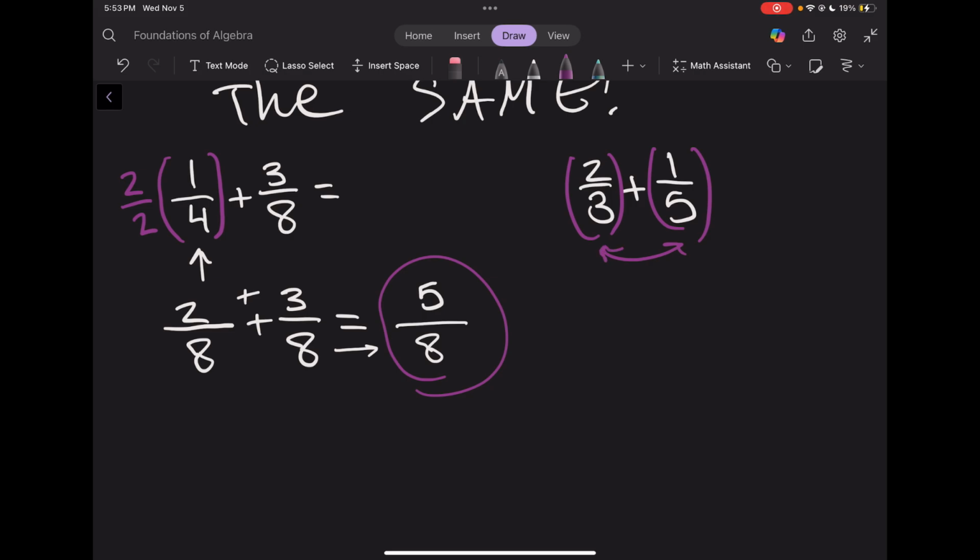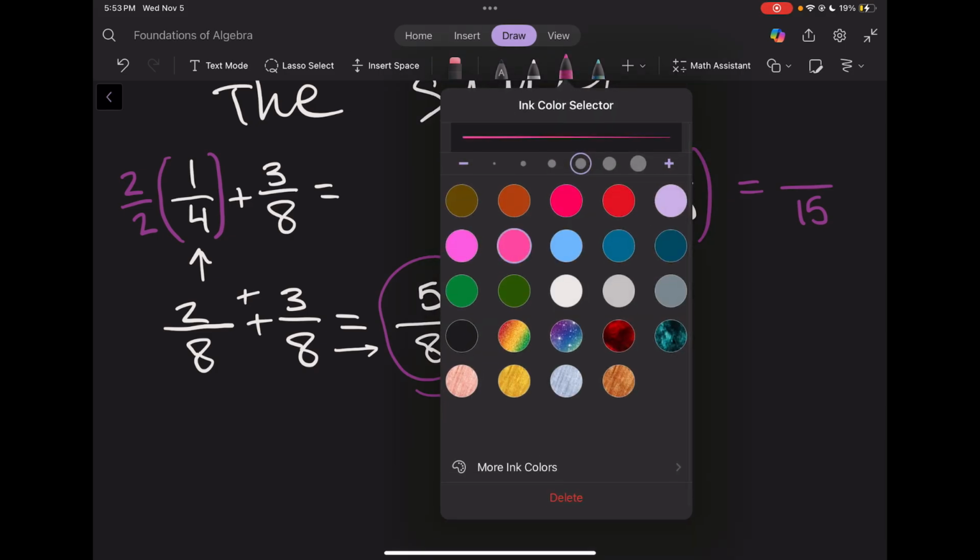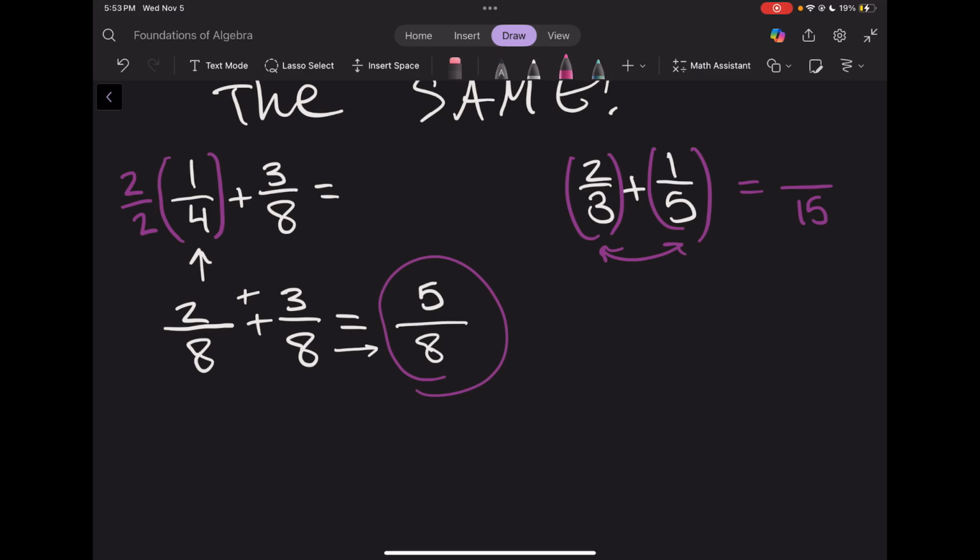So something that both sides share in common would be 15. To get 15, I'm going to multiply this side by 5/5. So then I get 10/15.